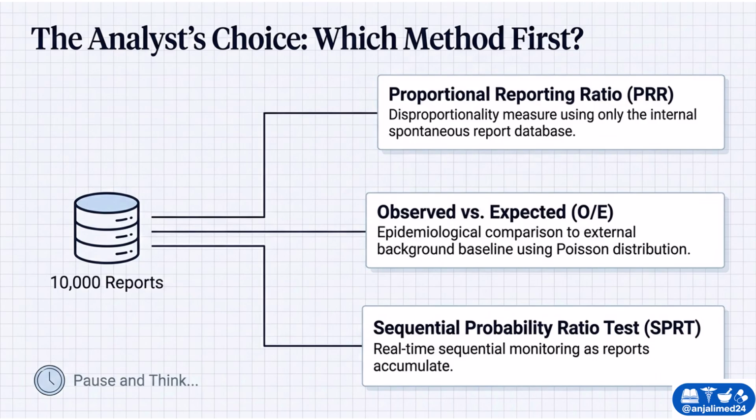Unlike static analysis, SPRT works in real time as new reports continue to arrive, making it highly effective for continuous national vaccine monitoring. Each method answers a slightly different question, and choosing the correct one can determine whether a potential safety signal is confirmed, dismissed, or escalated for urgent investigation.